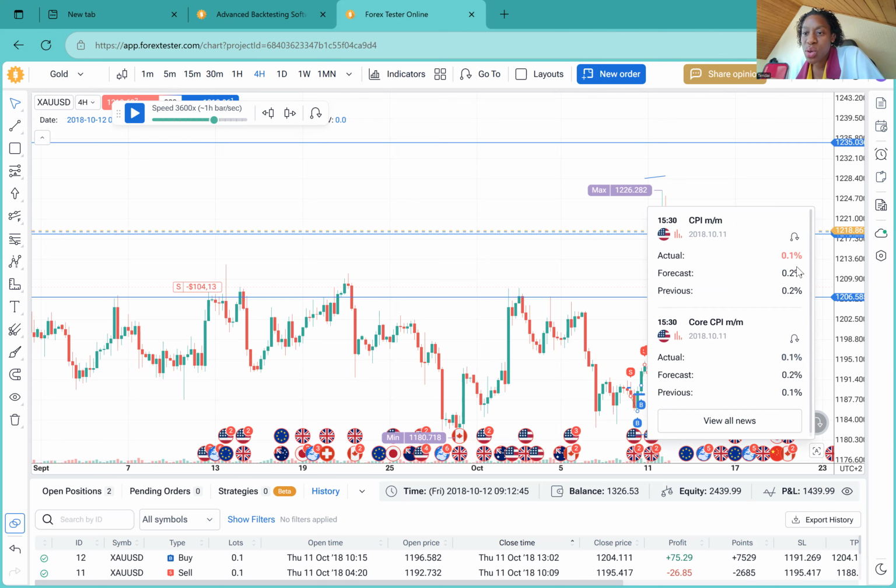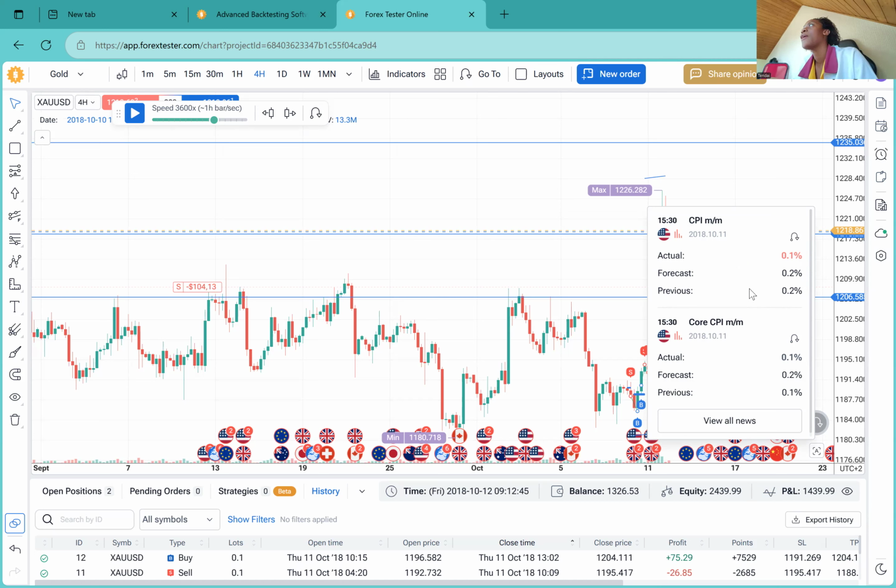The way that you know is that you get the actual price, you get the price that they forecasted, and you get the previous price. Previous would be last month.